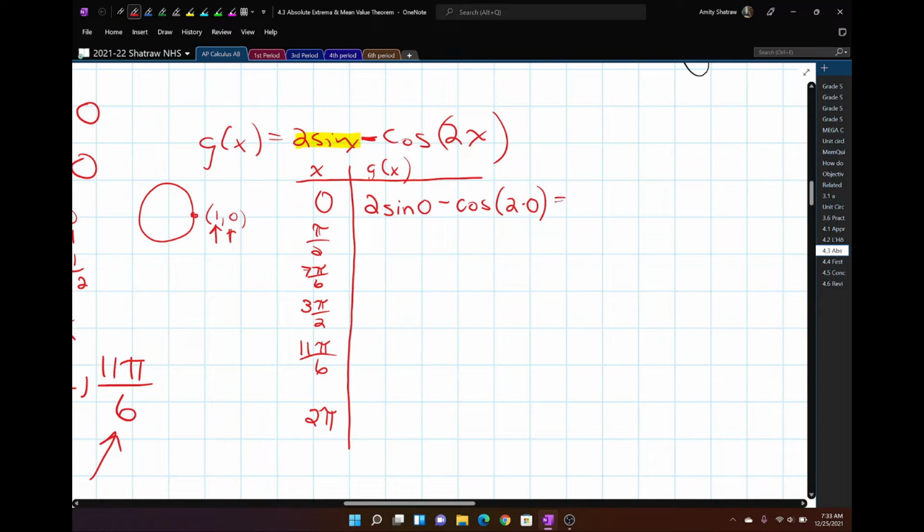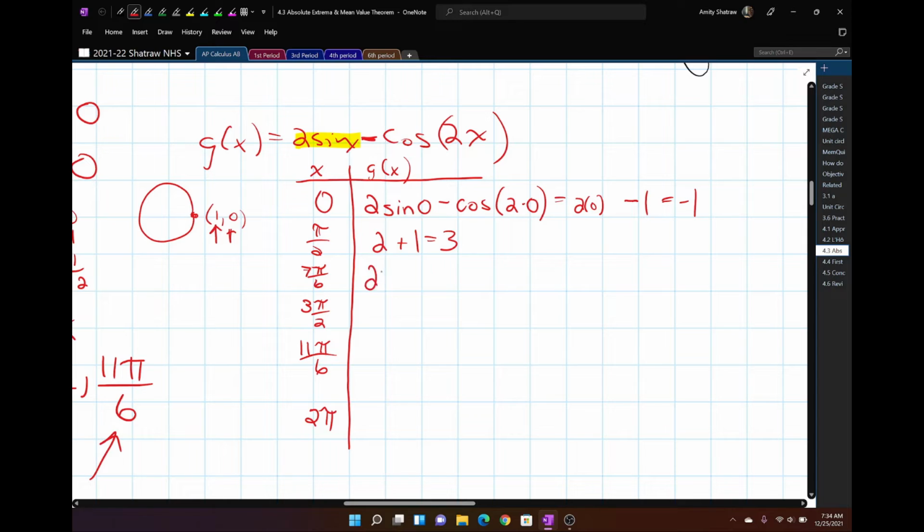And so I have 2 times 0, and then I'll do cosine of 0, which will be 1. So I'm going to minus 1, and 2 times 0 minus 1 ends up being a negative 1. And so you can see how that is. Now, just as far as my lecture notes go, I've got this 2 plus 1, that's the sine, that's the cosine, ends up being 3.